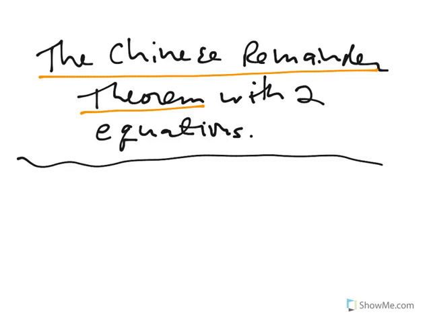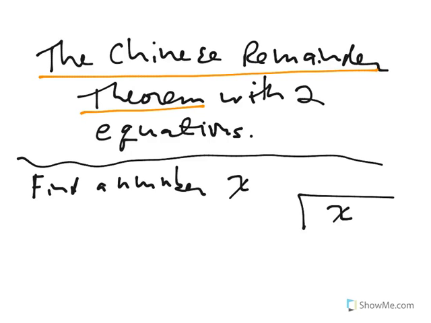It's like a riddle where you say, find a number x so that if you divide x by 11, you end up with remainder 3. But if you divide the same number instead by 7, you end up with remainder 4.